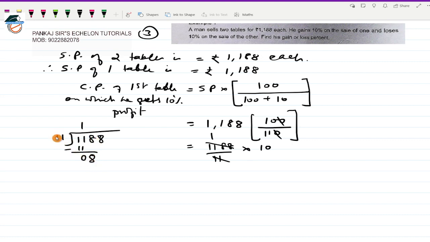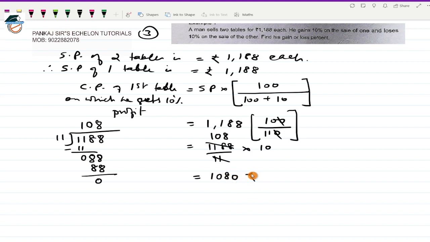Now because 8 is less than 11, I'll put a 0 over here and I'll bring down this 8. Now I can write 11 into 8 is equal to 88. Is that clear? So this becomes 0. So 1188 divided by 11 works out to 108. Now this 108 you have to multiply by 10. So what I'll do is after 108 I'll put 10.